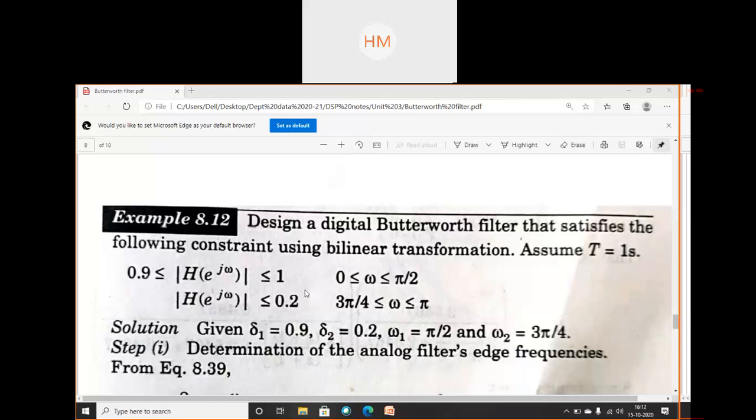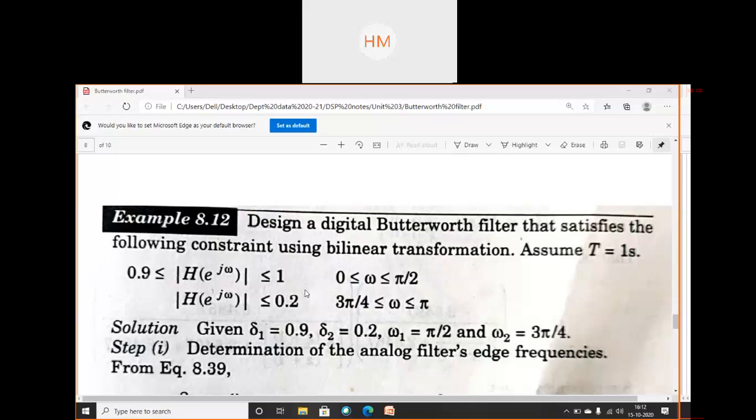Okay. What this indicates is del 1 and del 2. Given del 1 is 0.9 and del 2 is 0.2. Okay. Omega 1 cutoff frequency pi by 2. Omega 2 is 3 pi by 4. Okay. So, determination of analog filter edge frequencies.